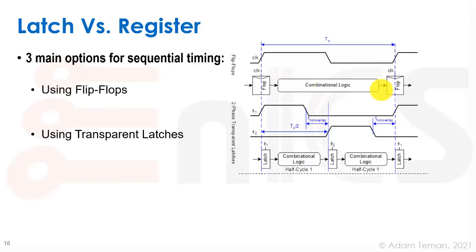Another option is to use transparent latches, and we'll see in a few moments that actually a latch is the basic element that makes a flip-flop. We kind of chain two latches together to create a flip-flop, and so what we can actually do is we can break this operation between clock edges into 2 points where we have a positive latch, another positive latch, and a negative latch between them, and use a kind of a half cycle phase and get some additional things such as time borrowing between the two latches.